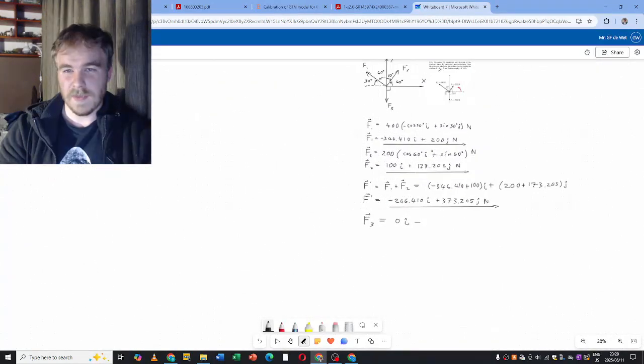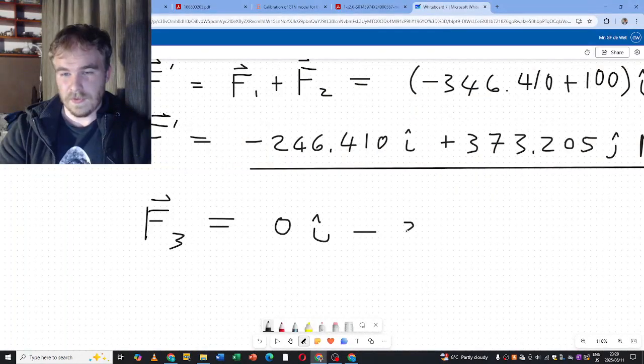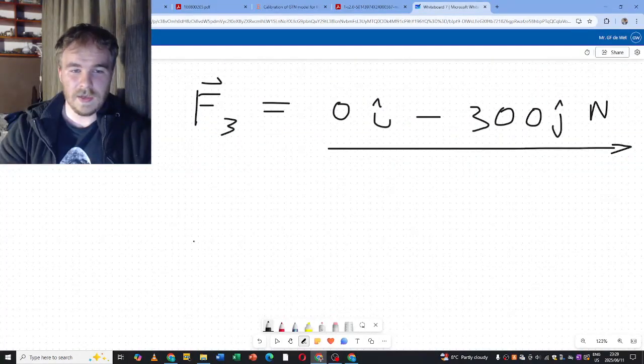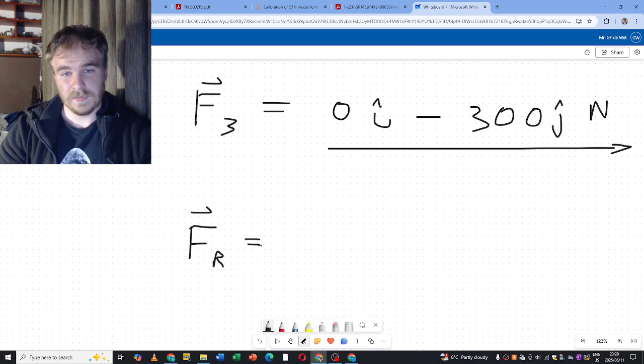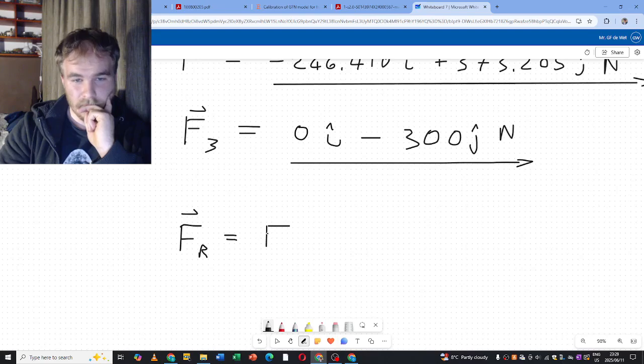Now I just need to check the magnitude again. 300 newtons in the j direction. Great, so now we have F3, and then we can finally calculate the resultant vector. And the resultant vector is going to be equal to F prime plus F3.